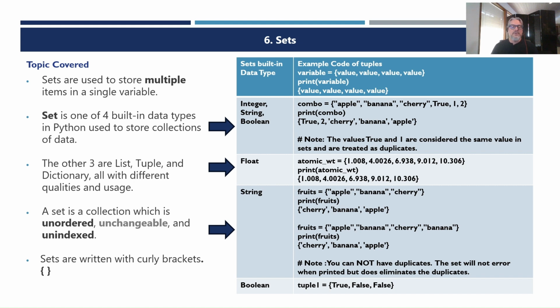So when you say print fruits, it's only going to print one of each, cherry, banana, and apple, because that is what the set contains. So note below, you cannot have duplicates. The set will not error with printing, but does eliminate the duplicates. That's important to note. So if you wanted to print duplicates, you can't use a set. And then the last one is Boolean, tuple1 equals true, false, false. And that's the set.